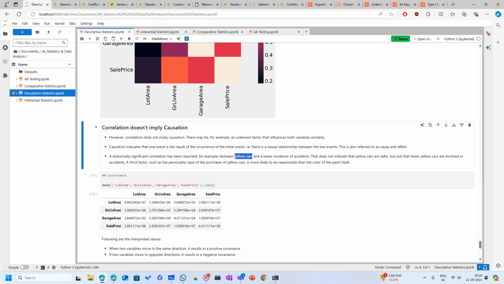Yellow color is giving safety to the car? No way. Because maybe the people who prefer yellow, there could be some link between yellow color and their personality itself. Only a specific personality type may be picking yellow, and maybe they are responsible drivers. Maybe that could be the reason.